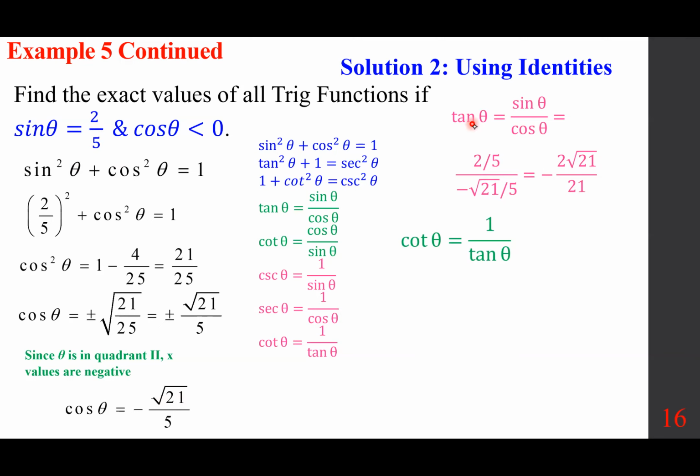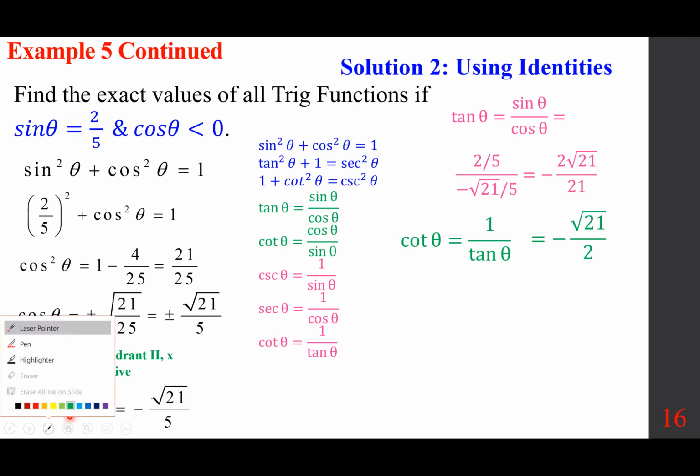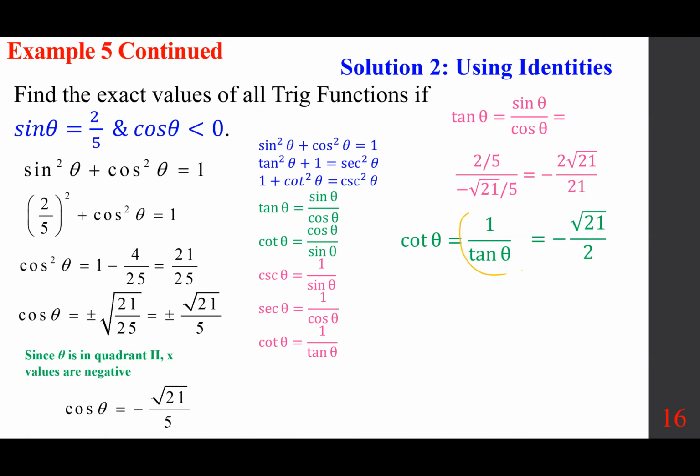First with the cotangent, 1 over this. I hope you see that you put the 21 at top. I want to show you in case. So you put minus 21 over 2 square root of 21.